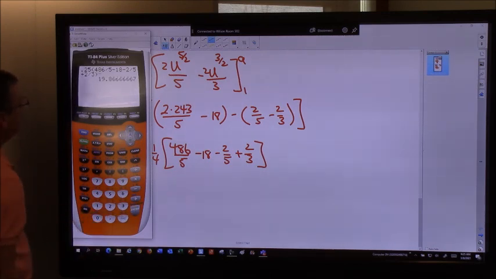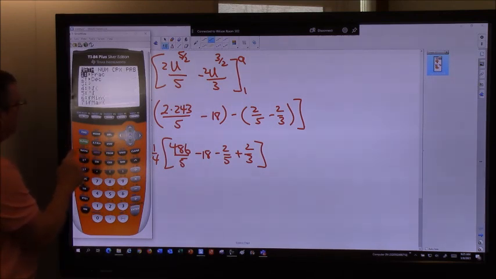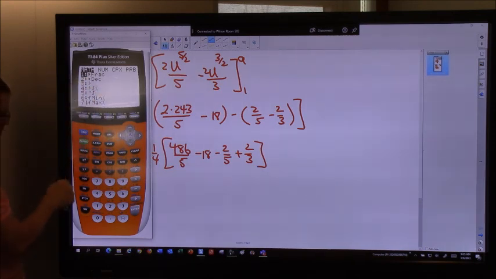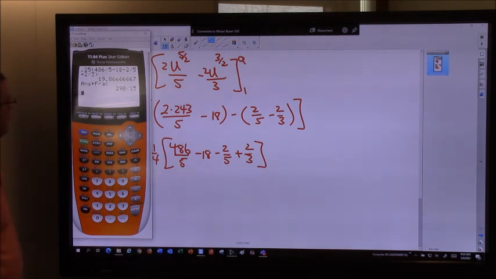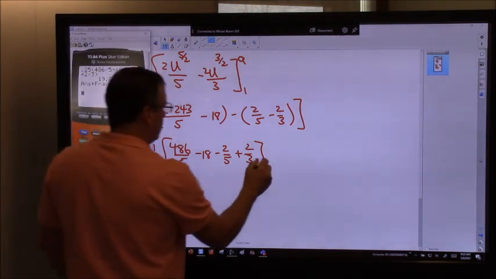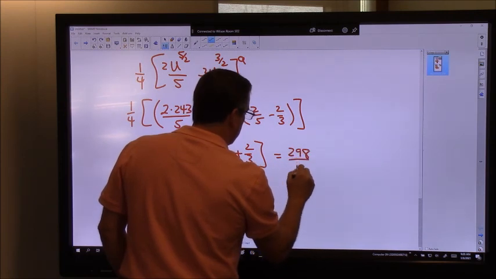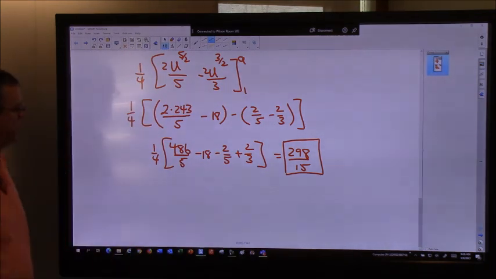And I hit enter. There's what I get. If I want to convert it back to a fraction, just so I have an exact answer, I can go math, and remember that convert to fraction option on our TI-84? I'll go ahead and use that, and what I get is 298/15. There's my answer.